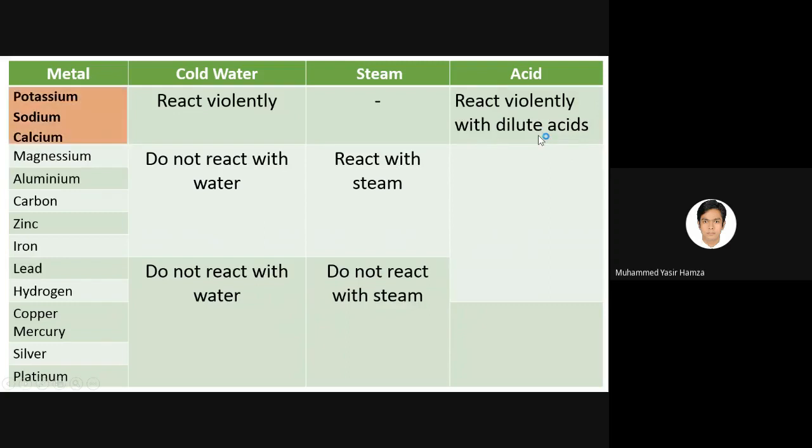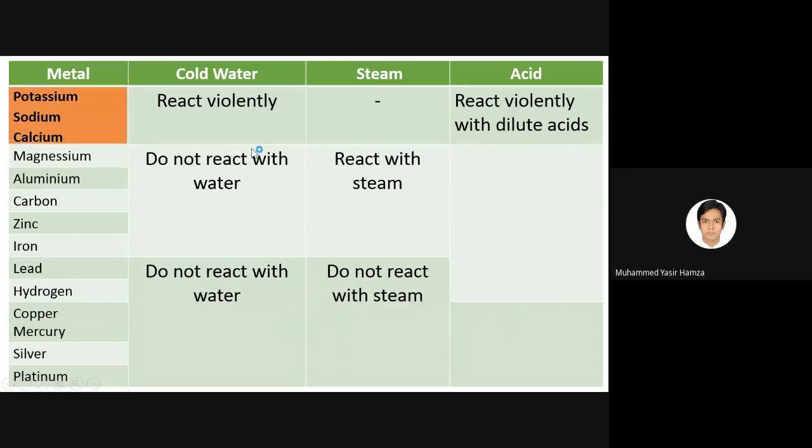I know many of you have heard about dilute or dilution. Dilution is when the acid is mixed with water, where the portion of water is higher. The content of acid is less, but the portion of water is much more than acid.